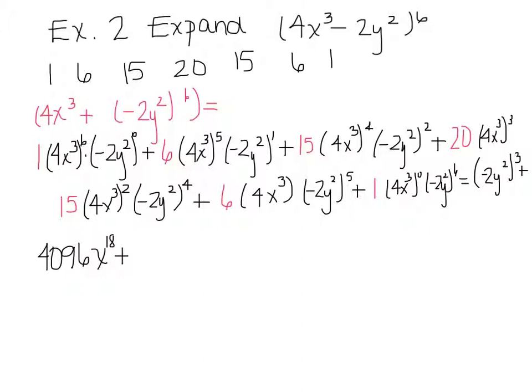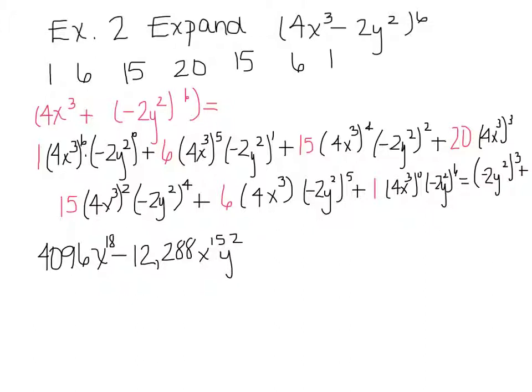Plus, well actually, we have negative 2 to the first power times 4 to the 5th power times 6, which will give us negative 12,288. And so I'll have x to the 15th and y to the 2nd.